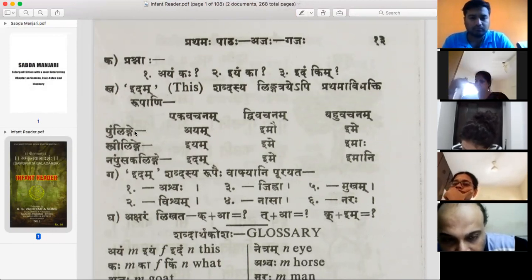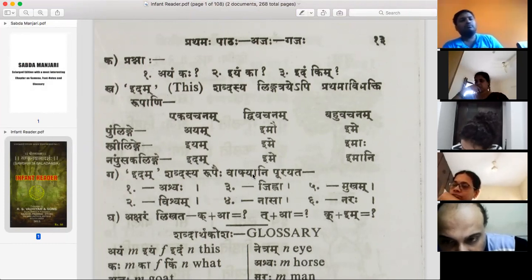In Pullinga, I am imau ime. That's what we saw in the Shabda Manjari. Whatever we saw, he is pointing out here. Iyam ime imaha. Idam ime imani. So first line alone he is pointing out here. So this infant reader actually cannot be studied alone. You have to study it with someone. So you will have to know how to use all of that.